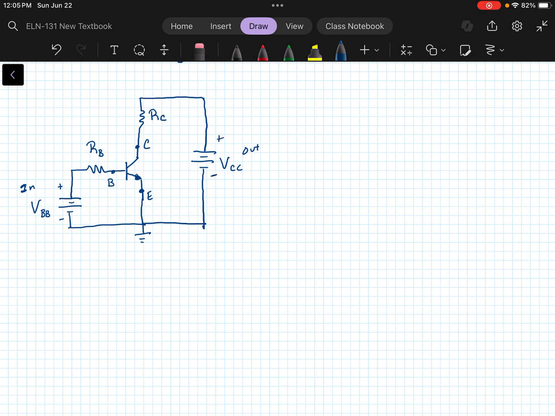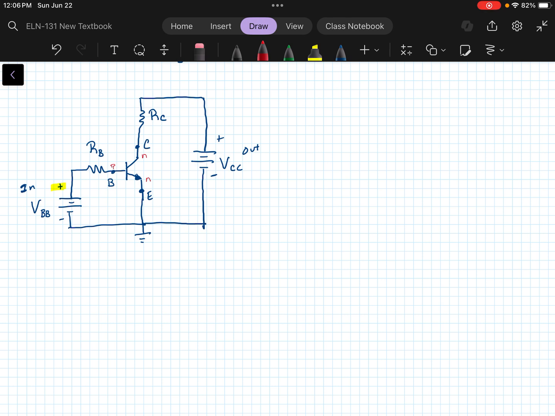Notice I have the positive terminal of the VBB connected to the P-type material. Remember, this is the NPN, so we've got N, P, and N type, with collector current here.